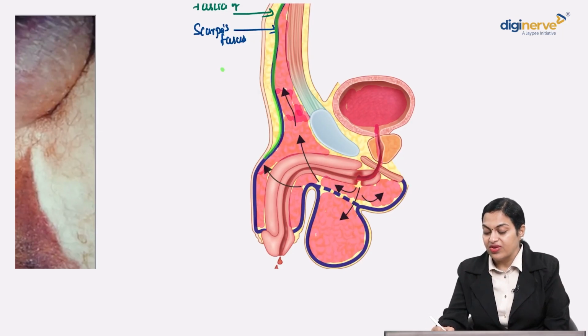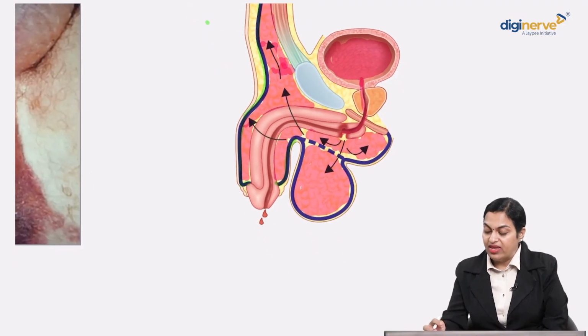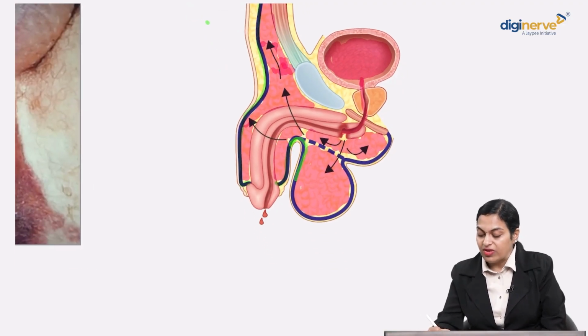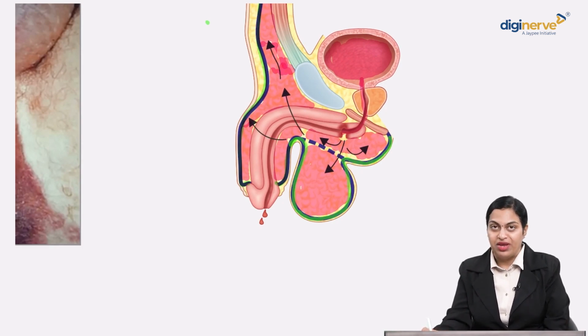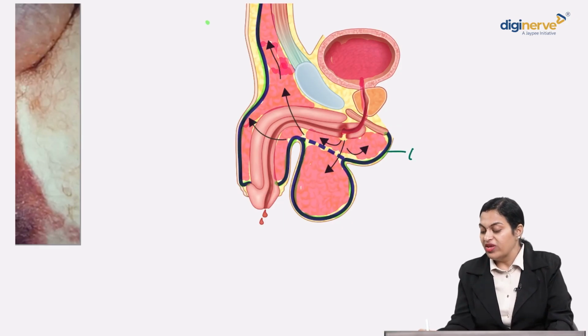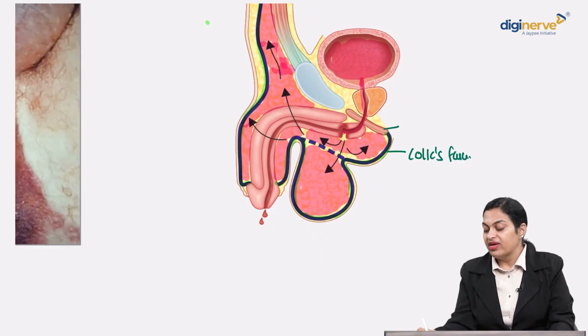If we trace the Scarpa's fascia down, you can see it becomes continuous with the fascia of the penis, then with the dartos muscle of the scrotum, and then with the Colles fascia of the perineum. This is the Colles fascia. It attaches to the posterior aspect of the perineal membrane.